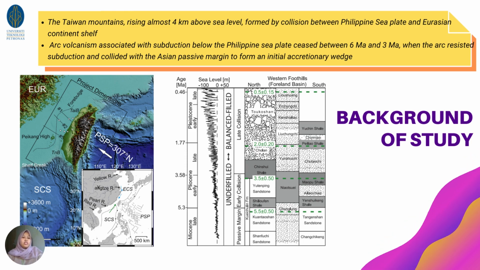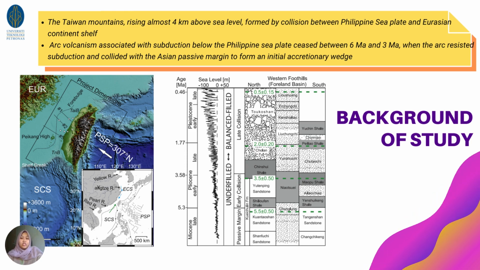The arc volcano associated with a subduction below the Philippine Sea plate ceased roughly between 6 million to 3 to 4 million years ago, when the arc resisted subduction and collided with the Asian Pacific margin to form an initial accretionary wedge.